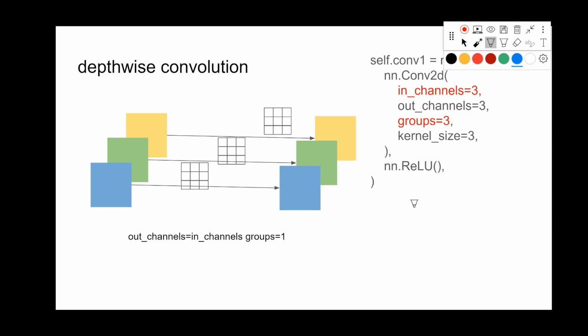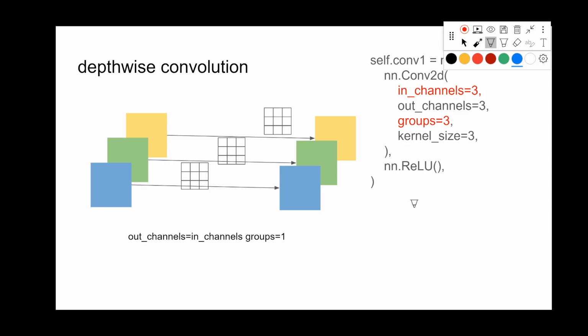The next item we want to discuss is depth-wise convolution. If you remember, in a normal convolution operation, we use all input channels to produce the result of all output channels. But in a depth-wise convolution, we use only one input channel to produce the result of an output channel.